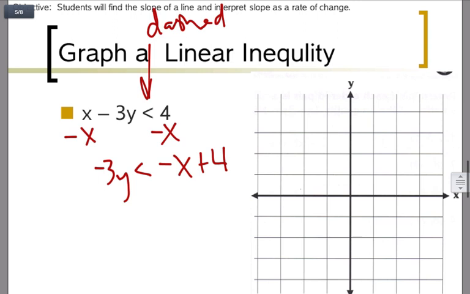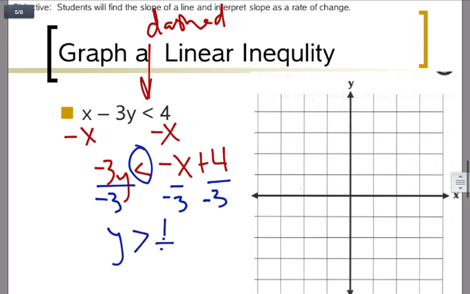I finish by dividing by negative 3, but I have to be careful because when I divide by a negative with inequalities, the sign actually flips. So I get y is greater than positive 1/3 x minus 4/3.